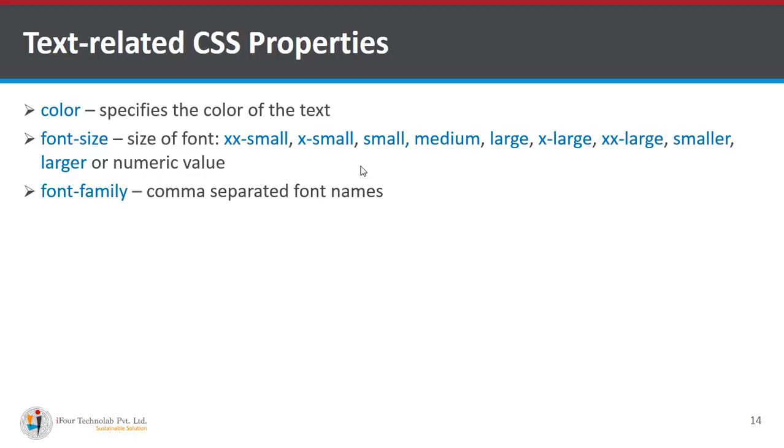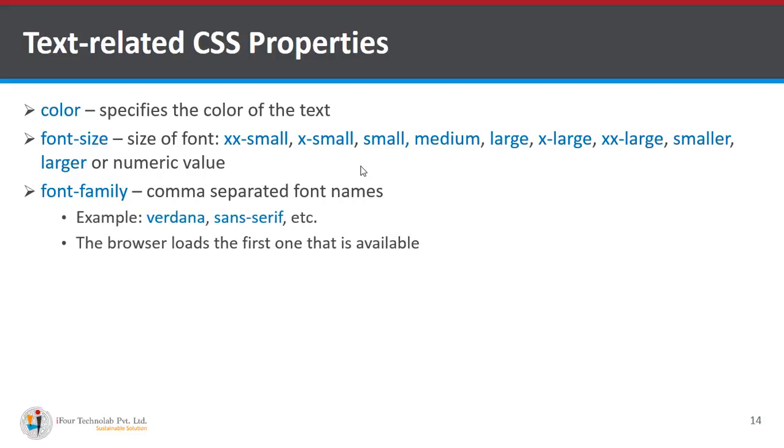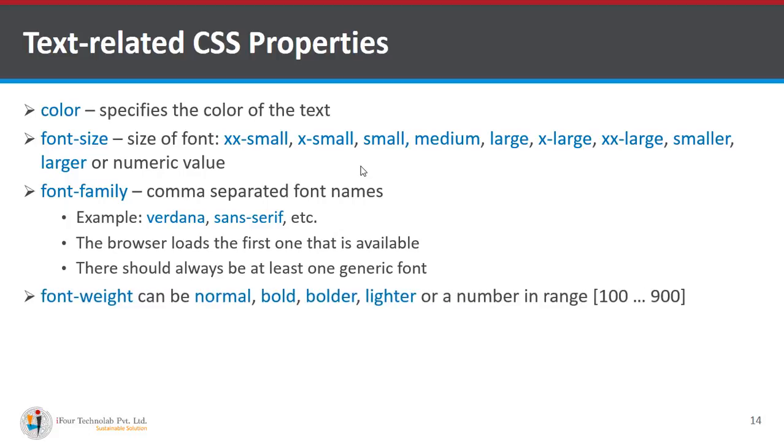Another one is font family, that is comma separated font names. For example, the browser loads the first one that is available. There should always be at least one generic font. Another one is font weight, which can be normal, bold, bolder, lighter, or a number in the range 100 to 900, like 100, 200, 300, whatever you want.